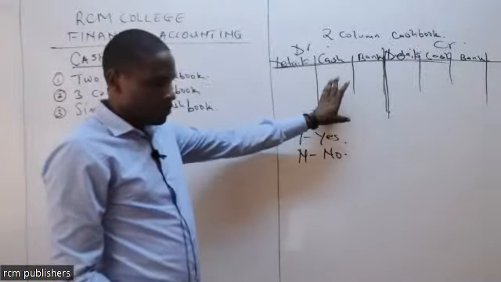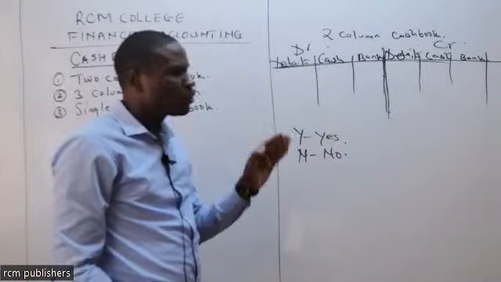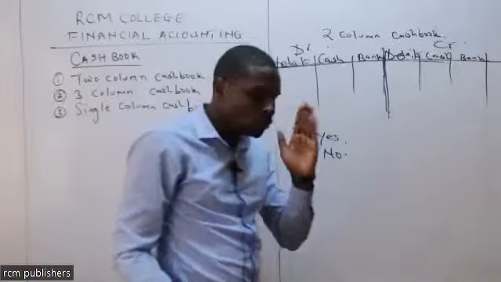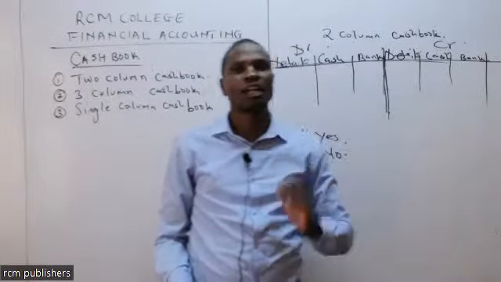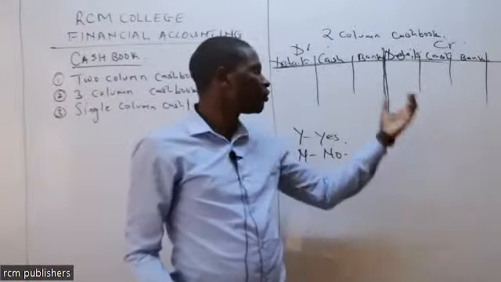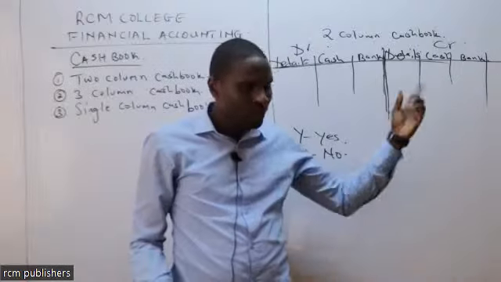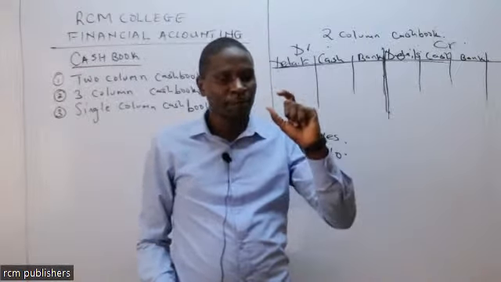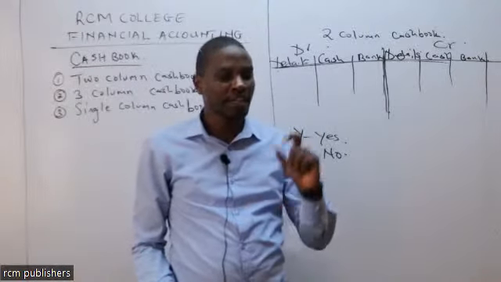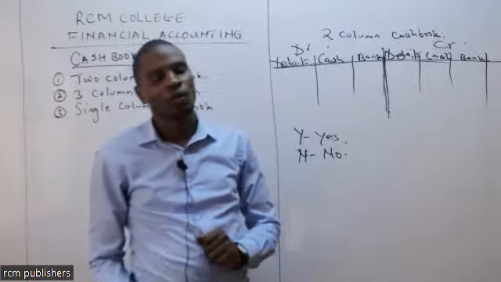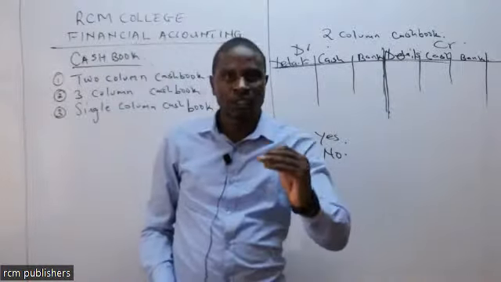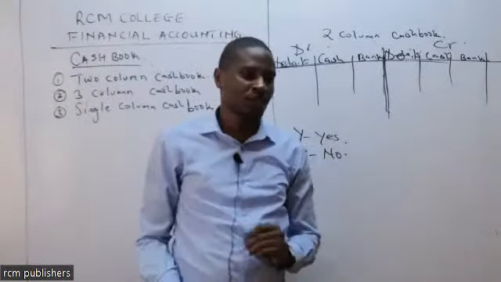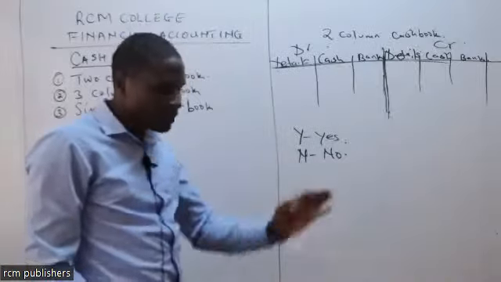Now, for a 3-column cash book, welcome to our today's class for those who are joining. What do we add in a 3-column cash book? Because we just add another column. Discount allowed and discount received.